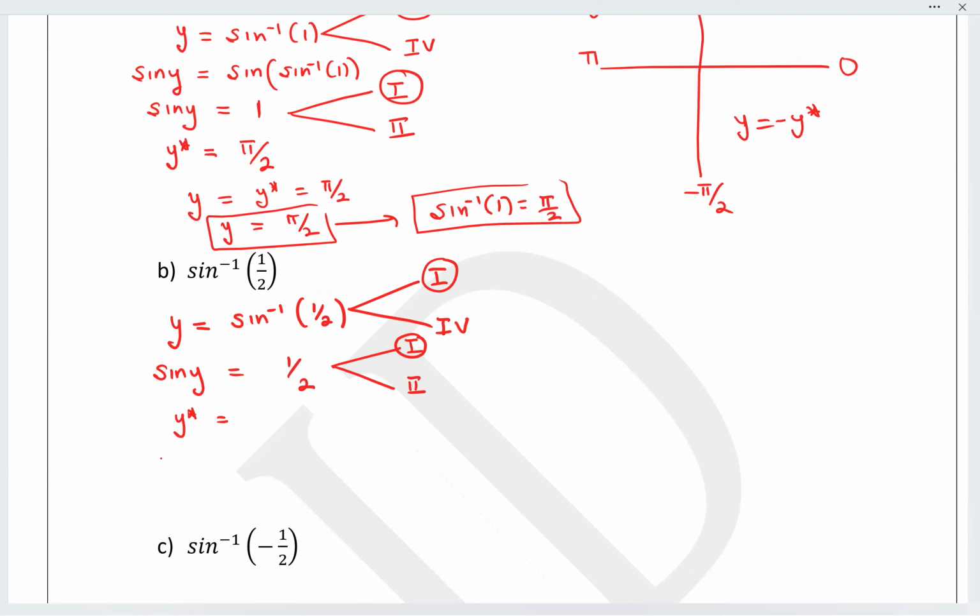Half. 1 over 2, and that is pi over 6, right? Because it is sine 30. Now, since we are in the first quadrant, it means that y is going to be y star. And this means that sine inverse of half is going to be the same as pi over 6.